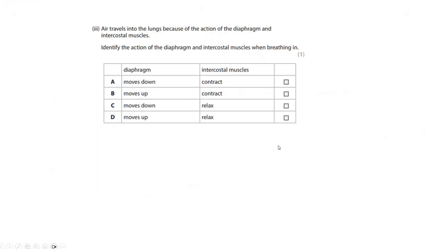Air travels into the lungs because of the action of the diaphragm and intercostal muscles. Identify the action of the diaphragm and intercostal muscles when breathing in. So when you breathe in, you can actually feel it. The rib cage moves up and out, and that is because the intercostal muscles contract and the diaphragm moves down.